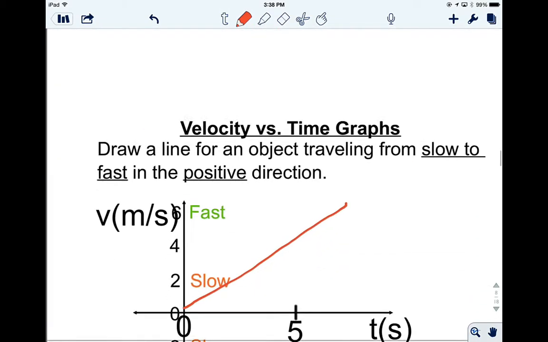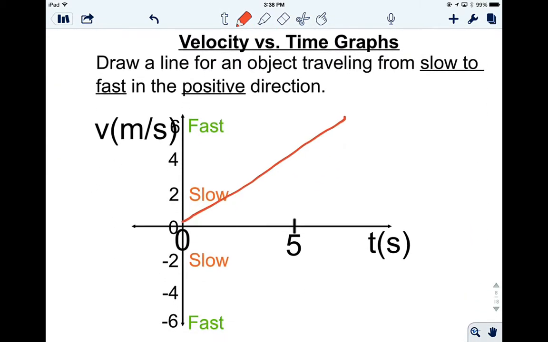Now, this might make a little bit more sense as we start to look at some other pieces, but just summarizing this idea, if we're going from slow regions to fast regions in the positive direction, it would look like this red line. We know it's in the positive direction because it's in the first quadrant, so positive velocity.